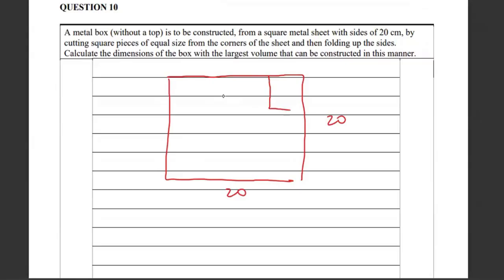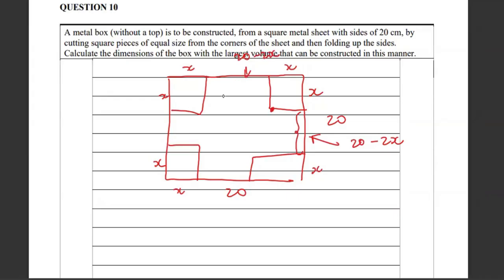Then we have to cut out corners that are of equal measurements. So if that is x, that is x, and everywhere it's x, meaning that the distance that we're going to be left with here is going to be 20 minus 2x. So even this side is going to be 20 minus 2x.